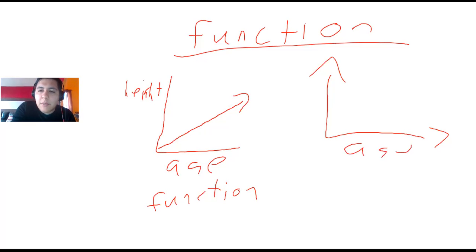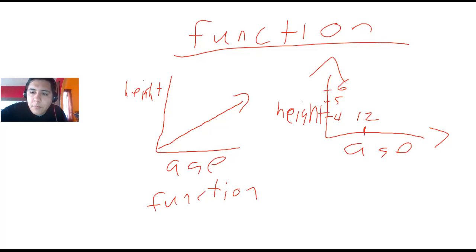But if we were comparing the same thing and saying, okay, we have age and height. Let's say this was age 12. And we got our height 4 feet, 5 feet, 6 feet. So if I were to draw a graph that looks like this, what this is telling us is that someone is age 12 and is 4 feet, 5 feet, 6 feet, all at the same time, which of course we know that's impossible, right?